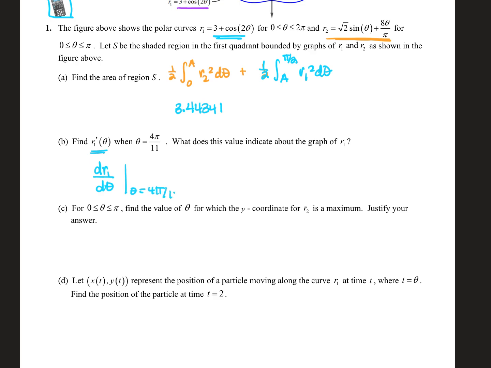We can do that in our calculator, and we're going to get the value negative 1.51149. We know that dr d theta is less than 0, which means the graph is decreasing, which means it's moving closer to the origin. So r is decreasing. Graph moves towards the origin.